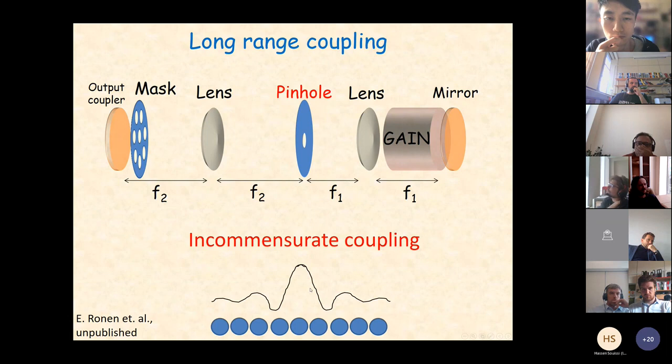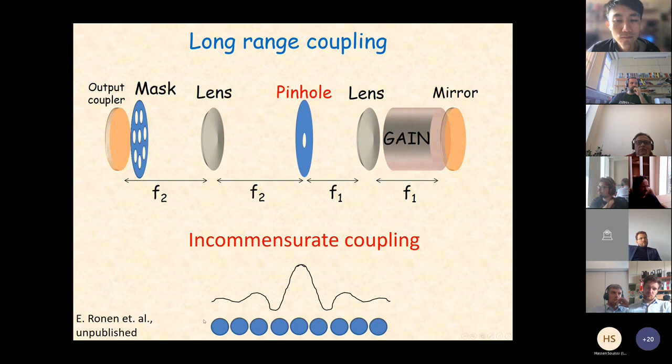And second, it oscillates, and the oscillation is the Fourier of the radius of the aperture. So by choosing the radius of the aperture to be incommensurate with the Fourier of the distance between the lasers, we could achieve, for example, this incommensurate oscillation of the sign of the coupling. So the coupling would be positive, negative, positive, negative. And if this is, say, the golden ratio, square root of 5 plus 1 divided by 2, it's an irrational fraction.